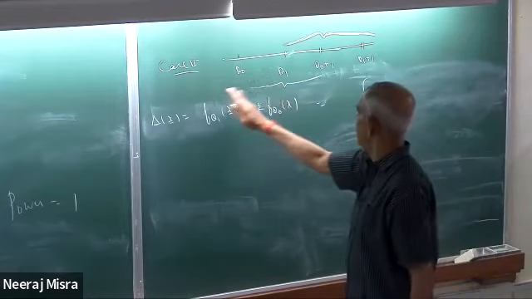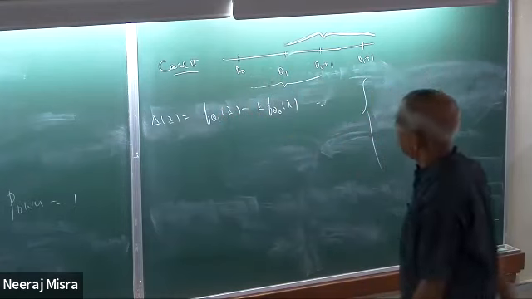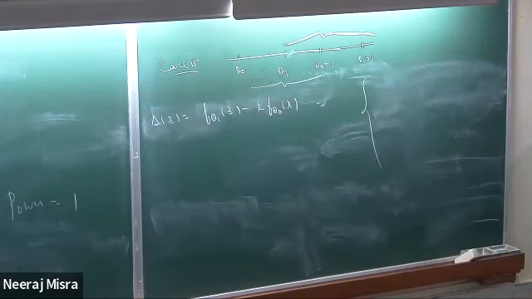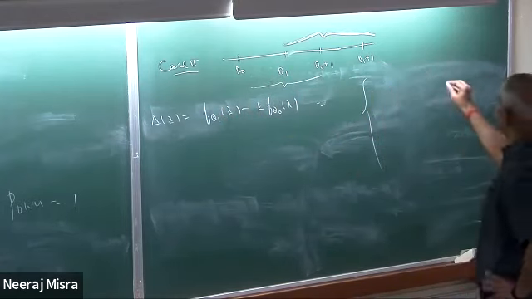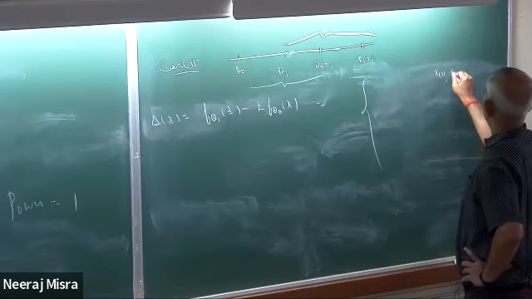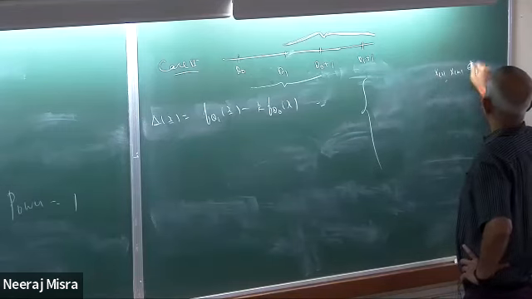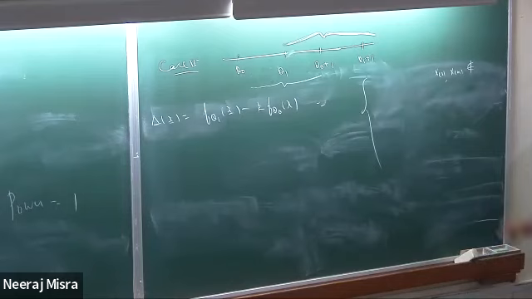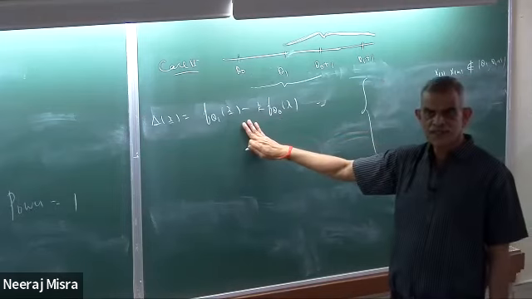So if x1 and xn do not belong to theta 1 to theta 1 plus 1, then this quantity is 0.